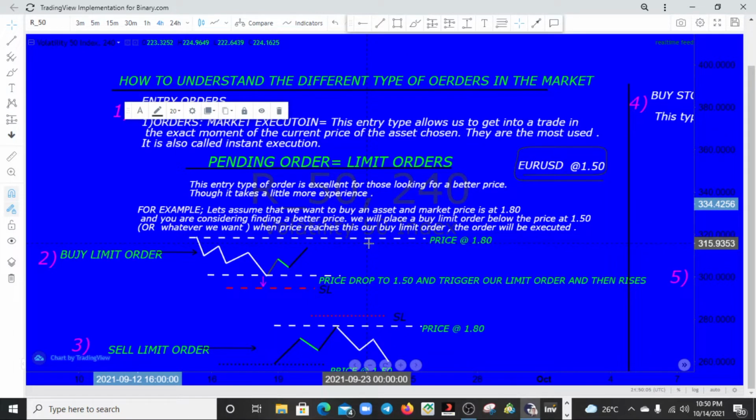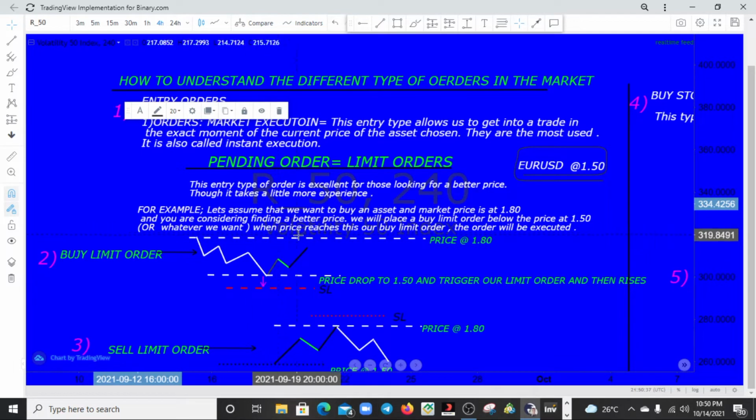We want the price to reduce before we go into it, so we look at the market in a technical aspect and consider finding a better price. Then we will place a buy limit order below the price at 1.50. That is what we think is going to be reasonable for us to buy, right? Or whatever price we want. It might be less than that, it might be more than that, whatever we want to do.